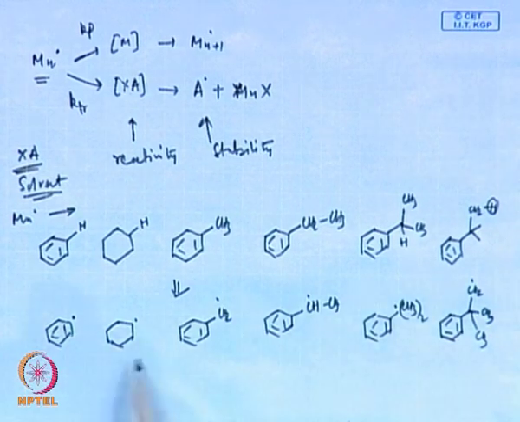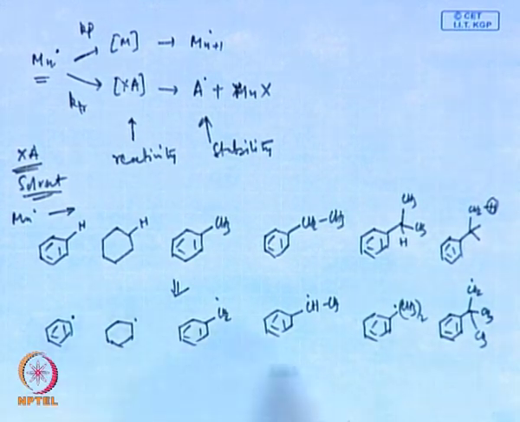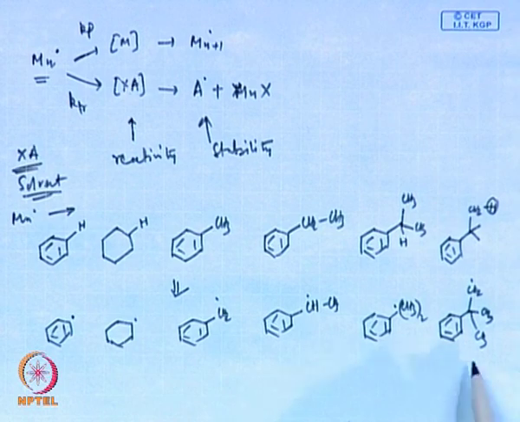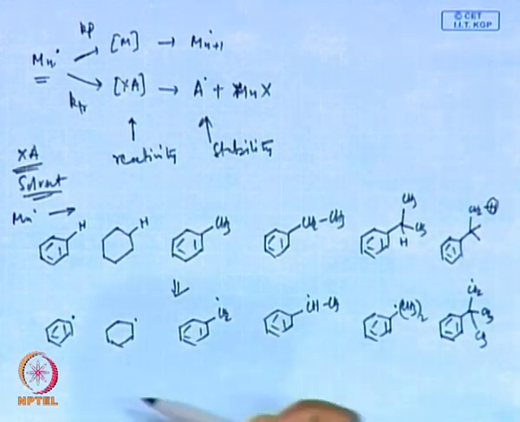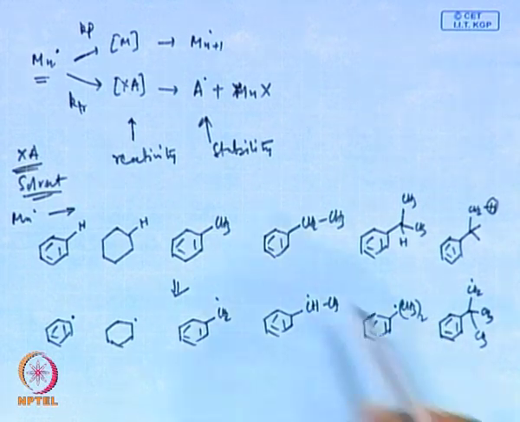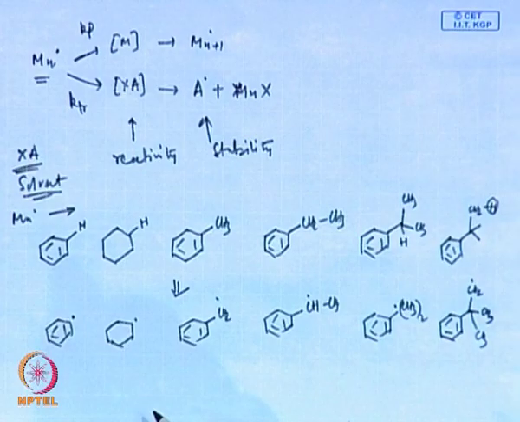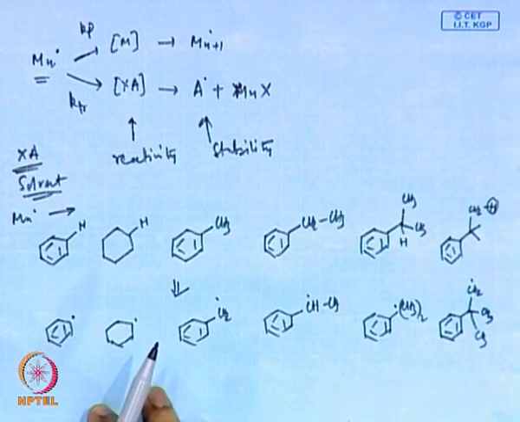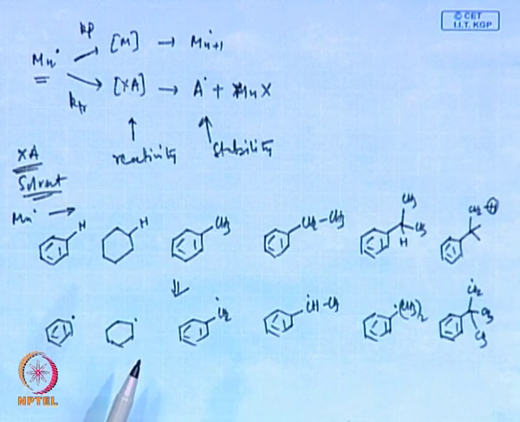Now, from your basic knowledge of organic chemistry, you know the order of stability of these radicals. The more stable the radical is, the more it will participate in the transfer reaction. If it is less stable, then it will participate in the transfer reaction to a lower extent.